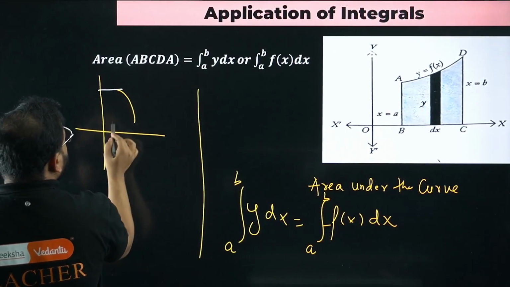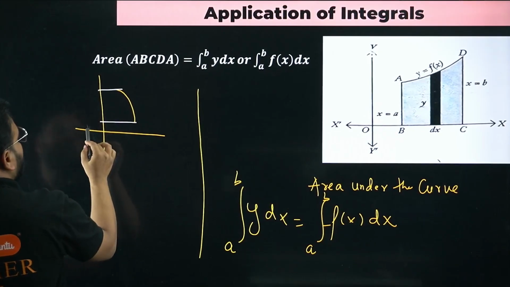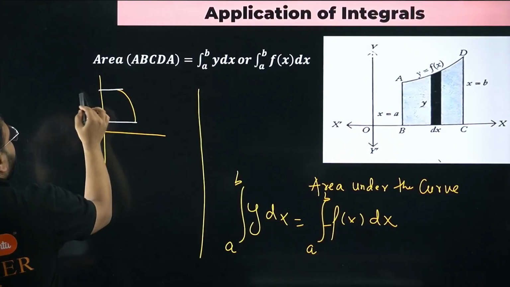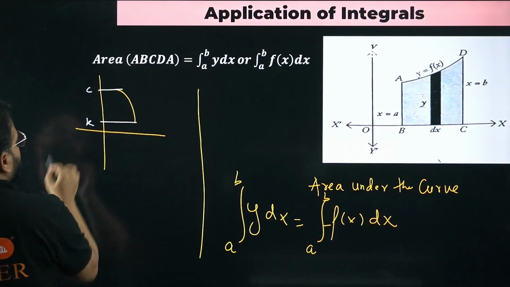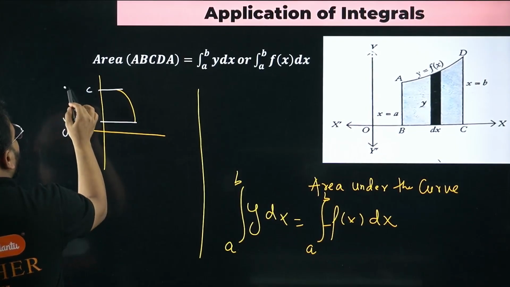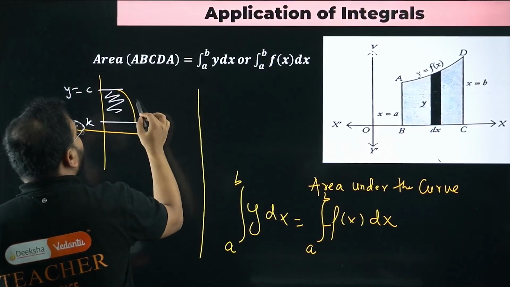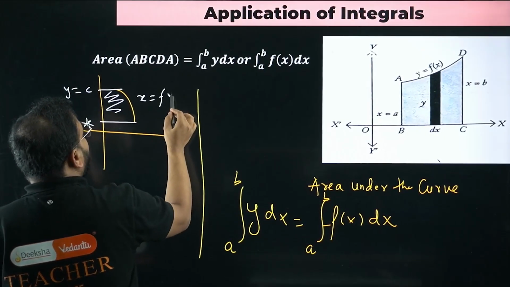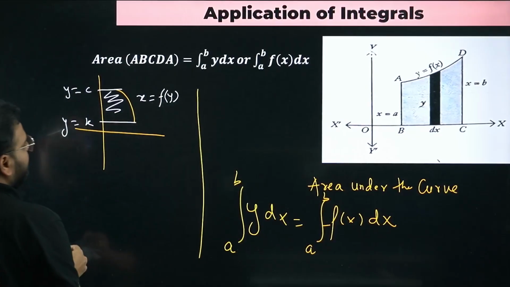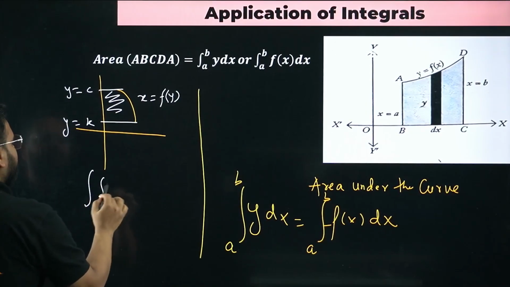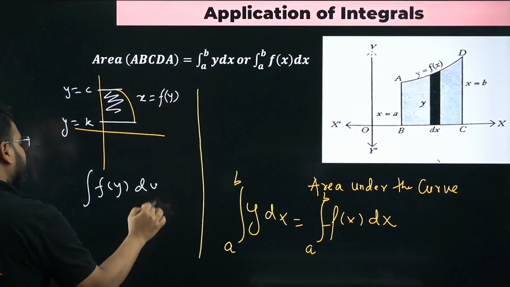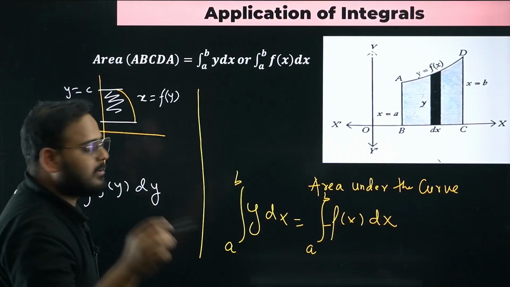I can write it like this and this: y equals k to y equals c. How do you find this area, sir? You'll write this function f(x) as f(y). This integration, bacha, will become the integral of f(y) dy, and the limits will be written for the variable y, from where to where?